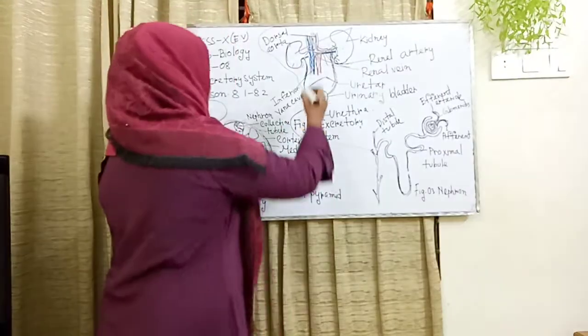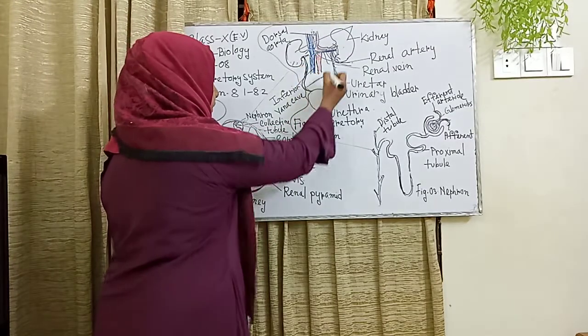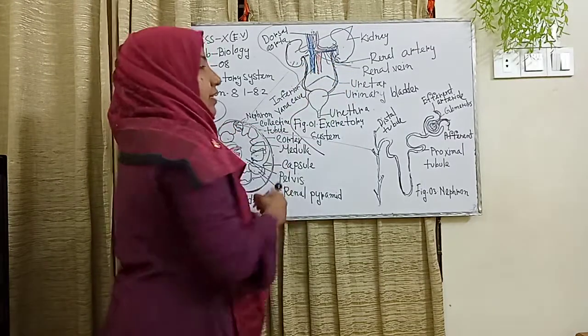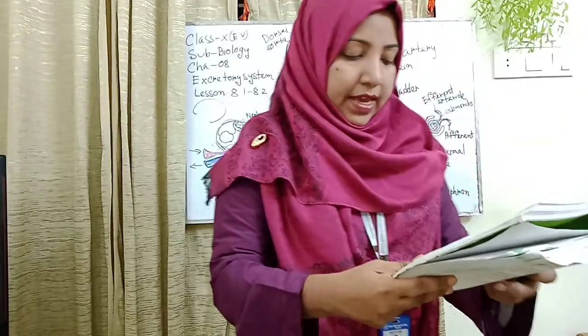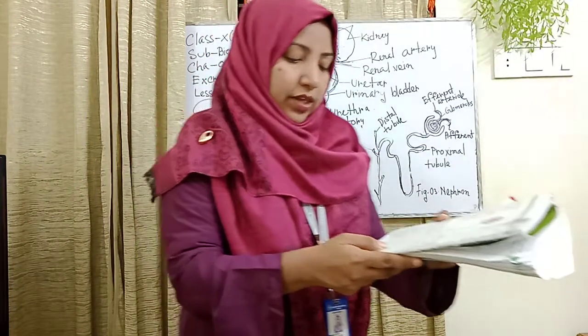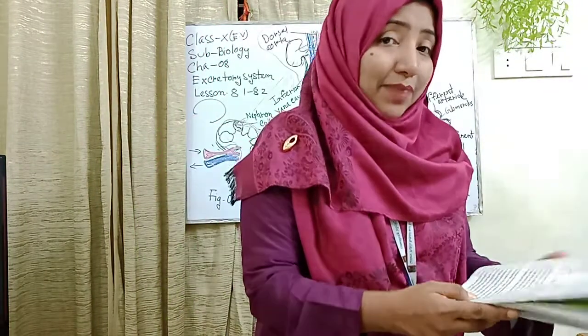Two ureters arise from the two kidneys. Basically, the two ureters arise from the kidneys and proceed downwards to open into the urinary bladder.